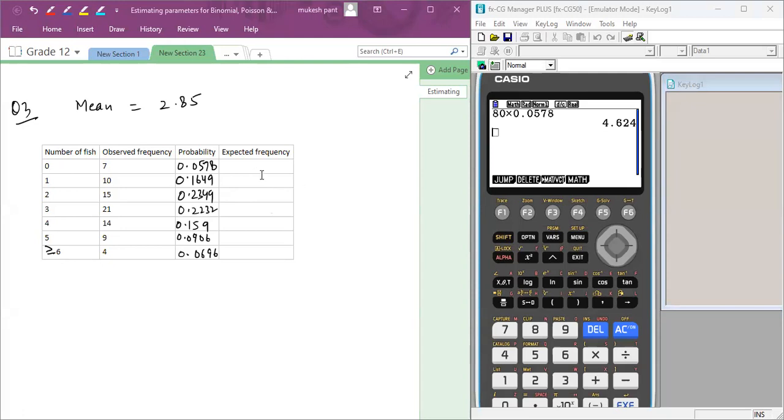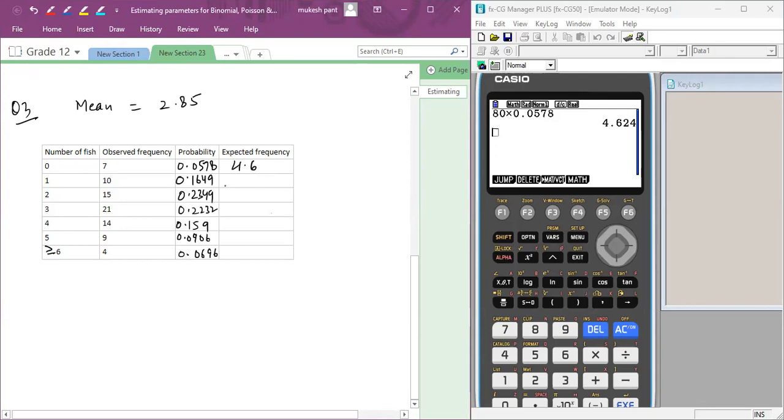To find the expected frequency, total outcomes 80 times this probability equals 4.624. So we can write this as the expected frequency, 4.6. 4.6 will be the first entry of the expected frequency.